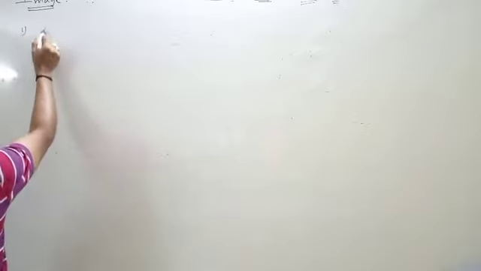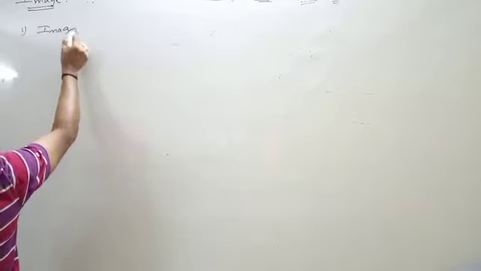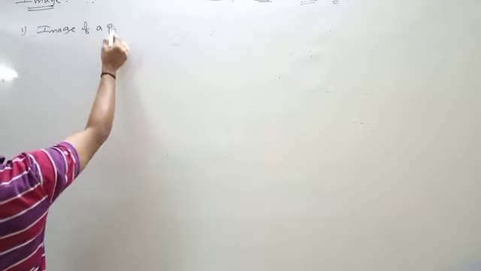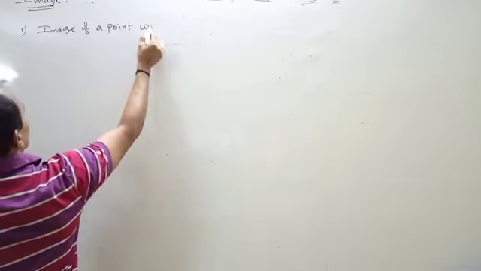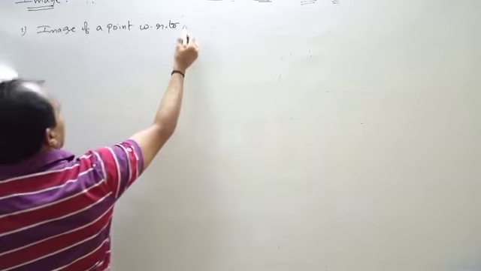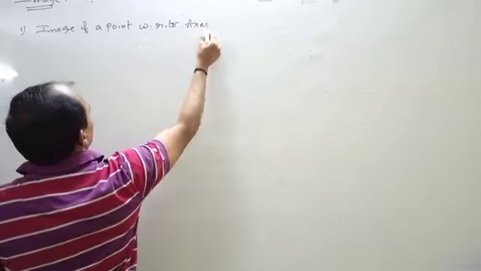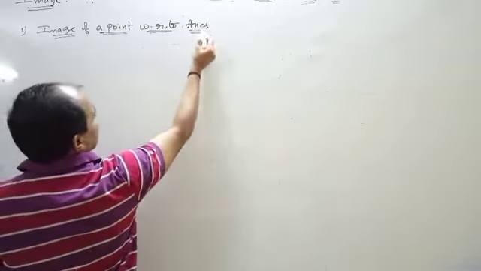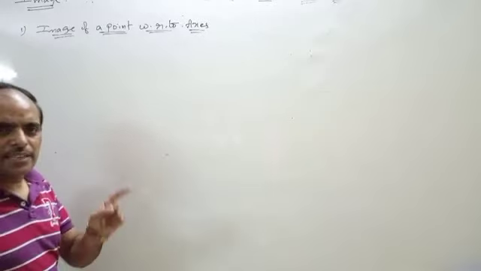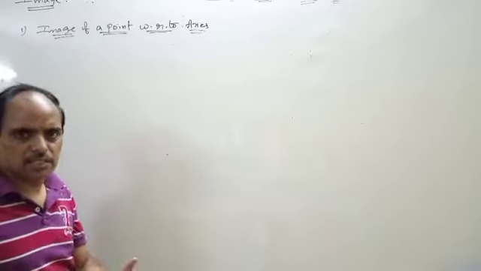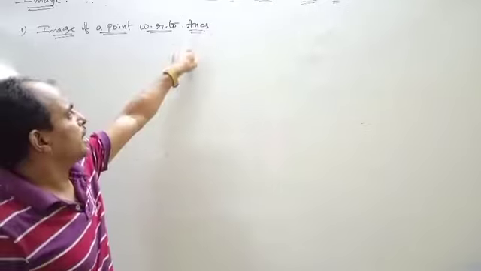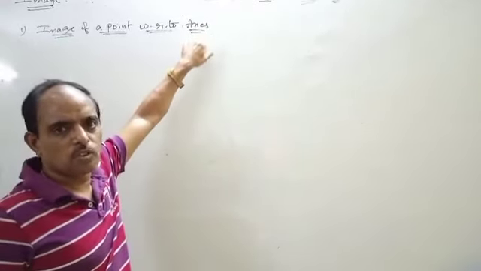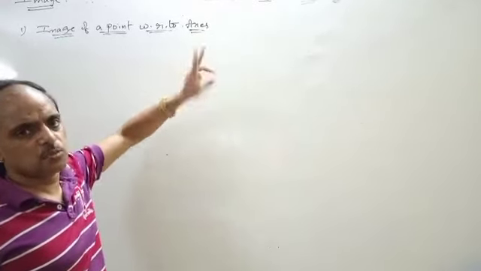So first one, image of a point with respect to axis. Axis means x-axis and y-axis. We can call it as axes. Axis means only x-axis or y-axis. Axes means plural. Okay, x-axis and y-axis, both the axes.